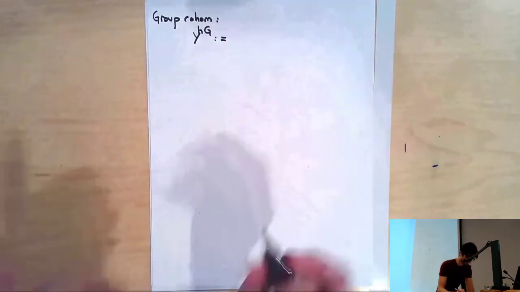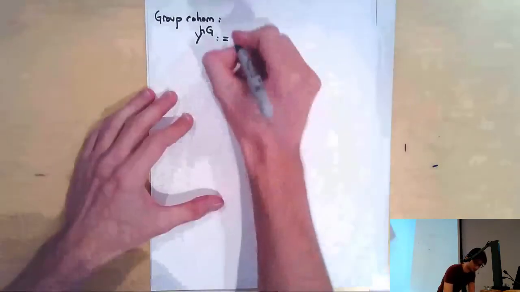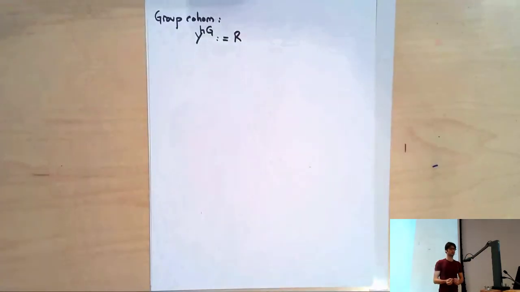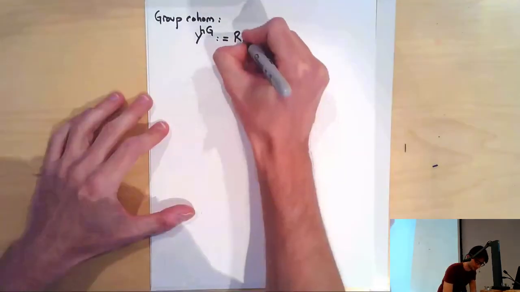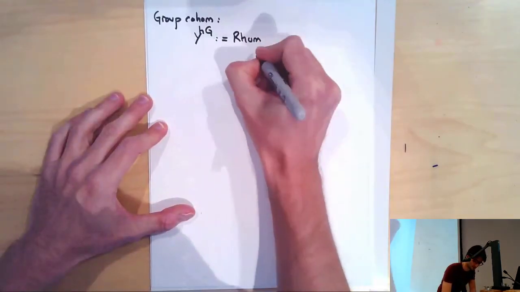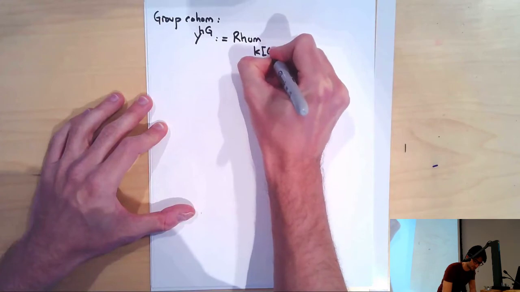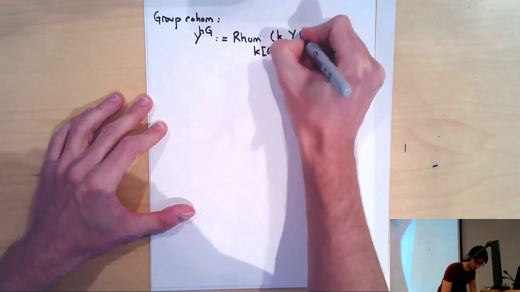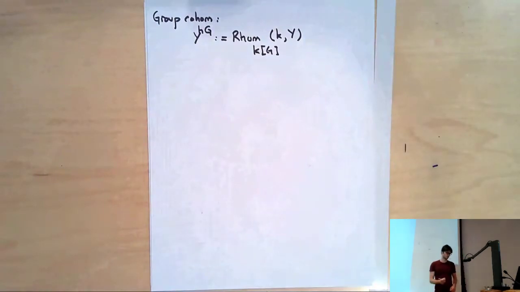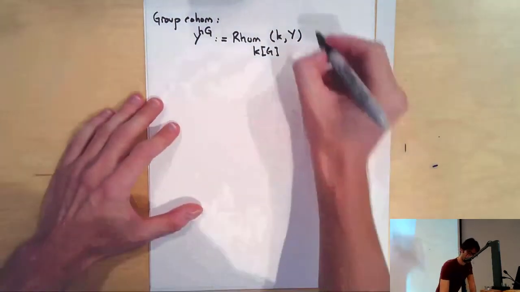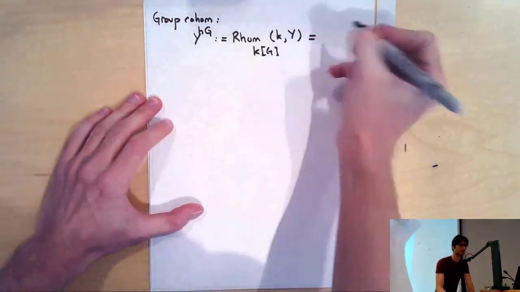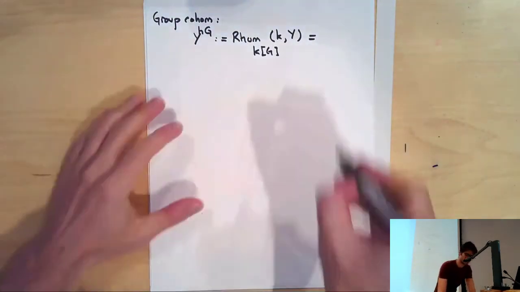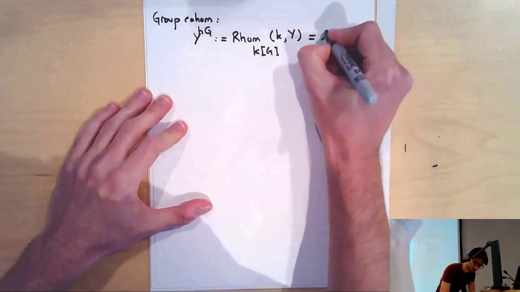So as I say, this should be familiar group cohomology, and from the point of view of seeing this as a KG module, that means I'm just going to look at R Hom over KG from K to Y. That's the usual group cohomology. It turns out, though, and this is the formula that we'll need when we return to the more topological context, I can also represent this in a slightly fancier way.